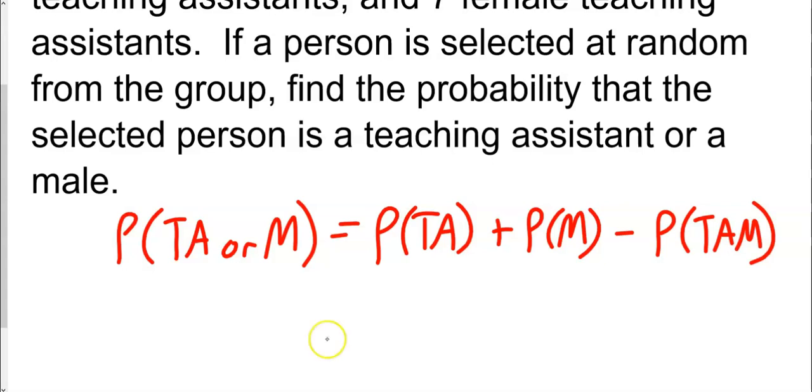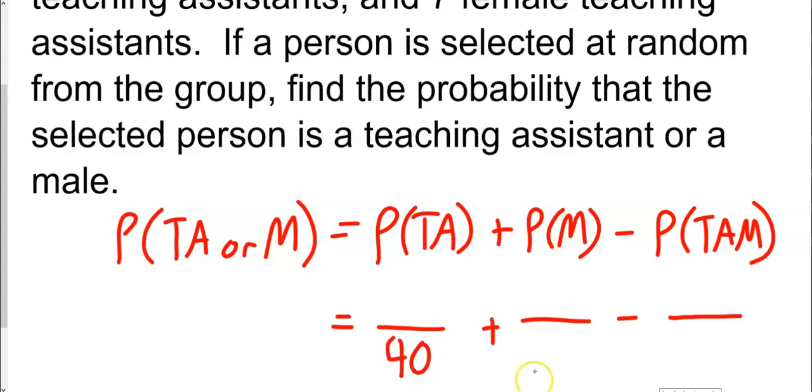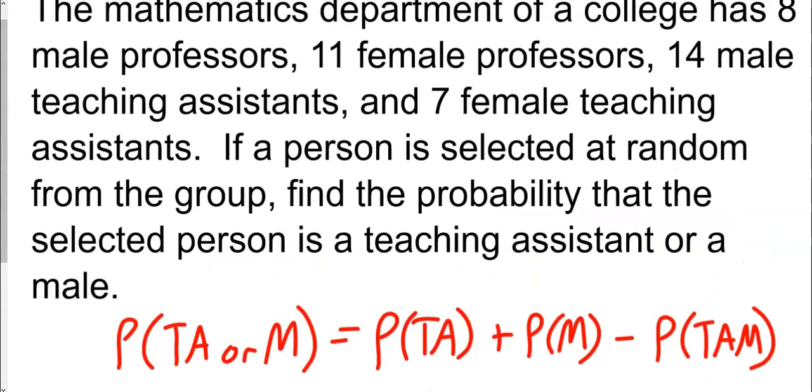So you already know the denominator for all these. We did this problem together a couple minutes ago. So the denominator for all this was 40 when we added all those numbers up above. Okay, so now all we got to do is just figure out how many teaching assistants there were.